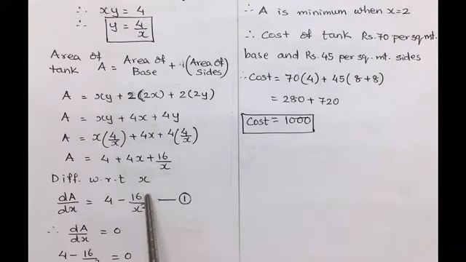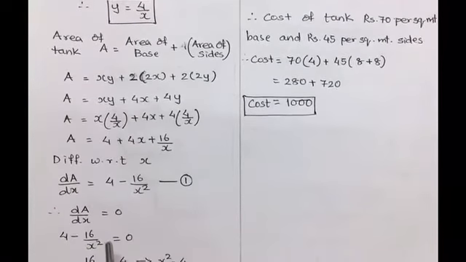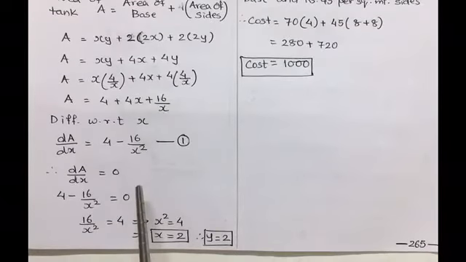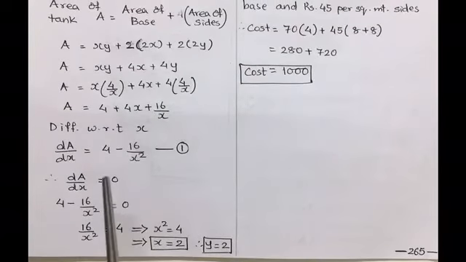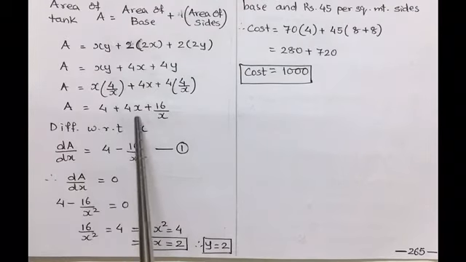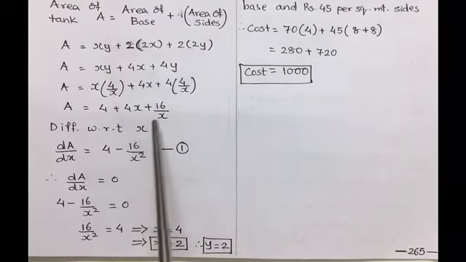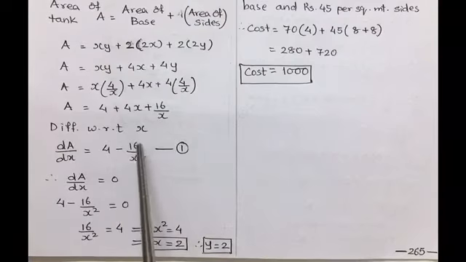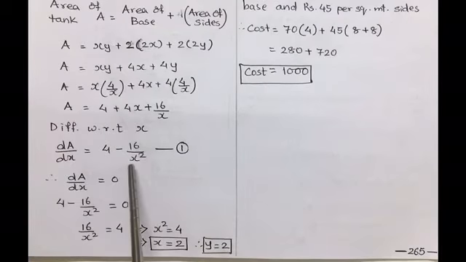Now to calculate the dimensions, we have to differentiate the area function with respect to x. So differentiating with respect to x, we get dA by dx, derivative of 4x is 4, and derivative of 16 upon x is minus 16 upon x square. So this is our statement number 1.